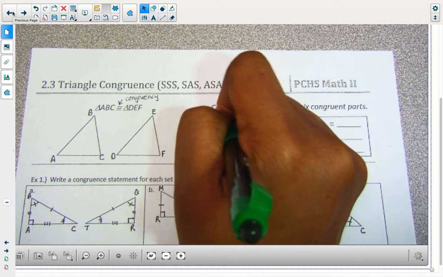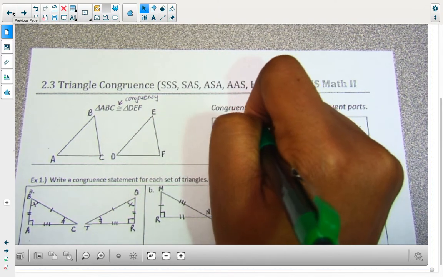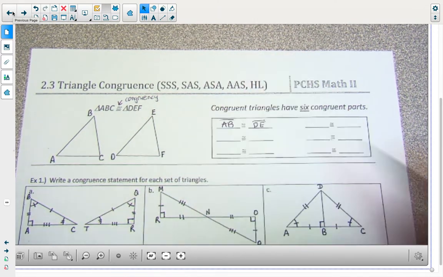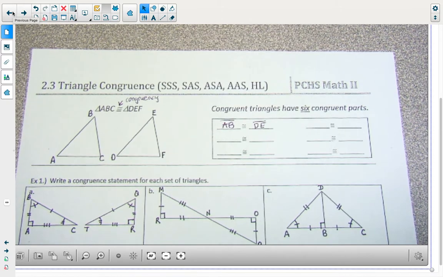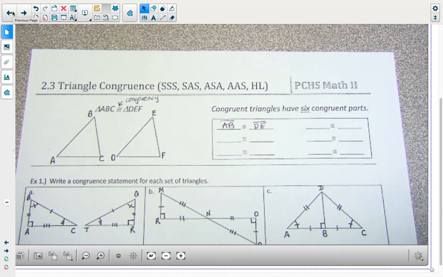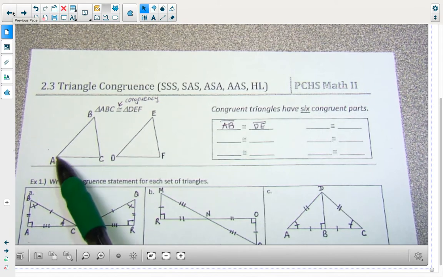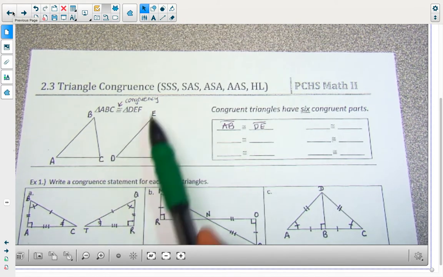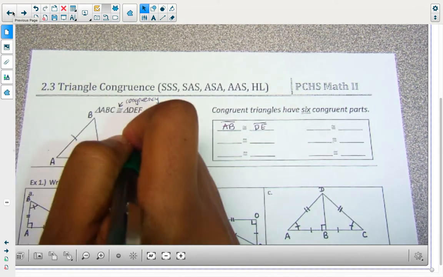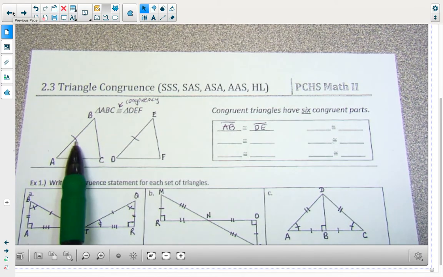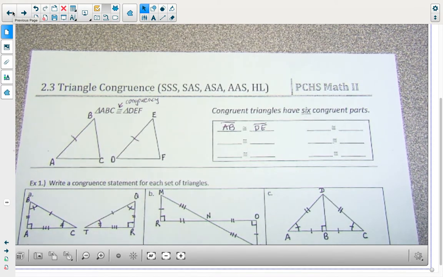So AB is congruent to DE. So I'm going to start with the leg lengths first. So AB congruent to DE. So we can put a little tip mark there. So these 2 tip marks mean that those 2 sides are congruent to each other.